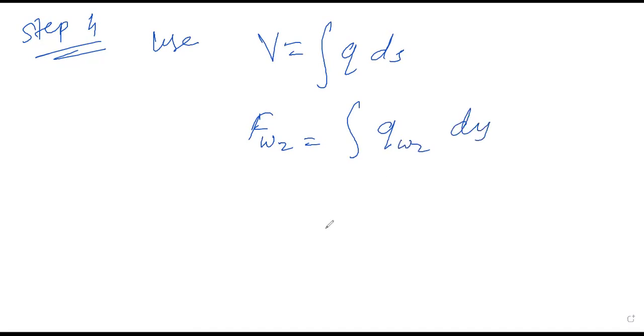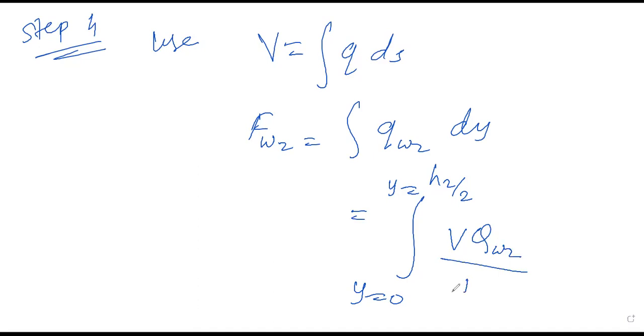So it is the integration from y equal to 0 to y equal to h2 by 2, and q is nothing but VQ divided by I, into dy.